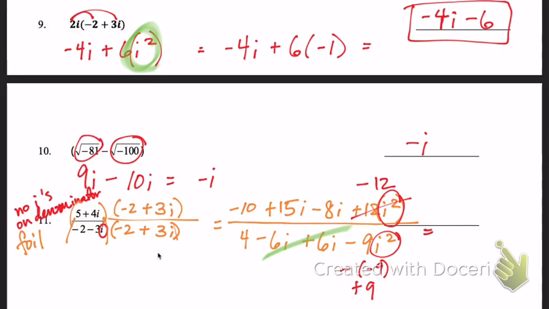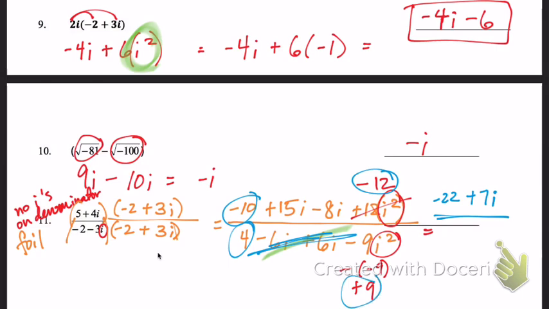So negative 10 and negative 12, what do those combine to be? Negative 22. And then a plus 15i and a minus 8i combine to be plus 7i. On the denominator, I have 4. These cancel out. Plus 9. 4 plus 9 gives me 13. So that is my final answer.